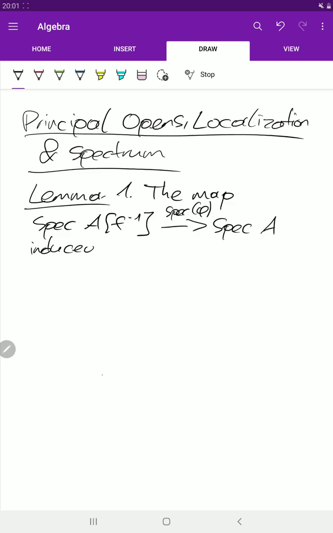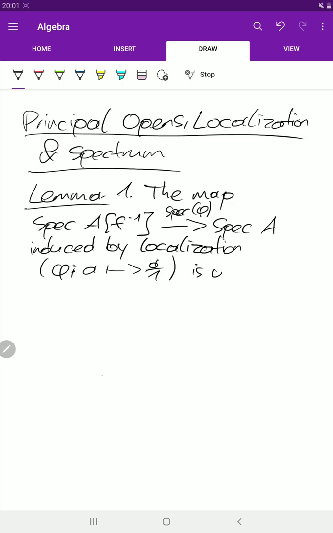And this is induced by localization. So what I mean by that is just that we have the map phi, which maps A to A over 1 in the localization. So this goes from A to A_f.